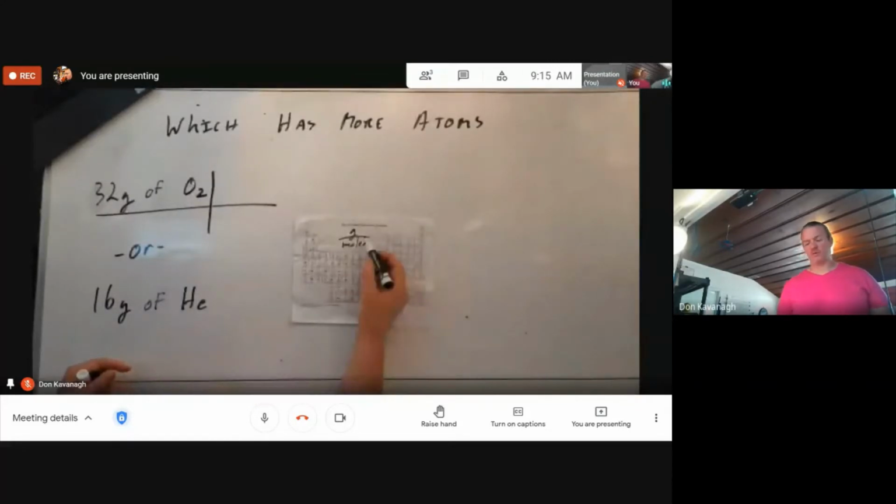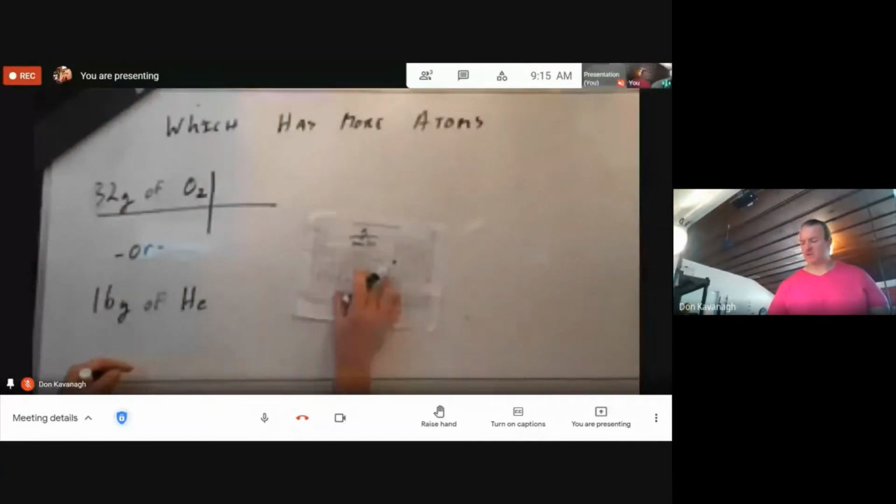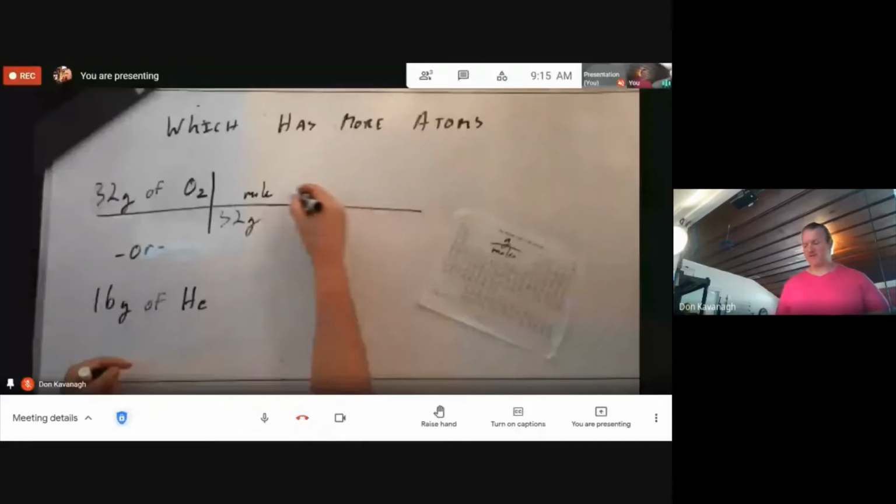So our formula is O2, and it's 16 plus 16 is 32. So 32 grams per mole is the molecular weight of O2, and it's flipped into our scaffold to make grams cancel.